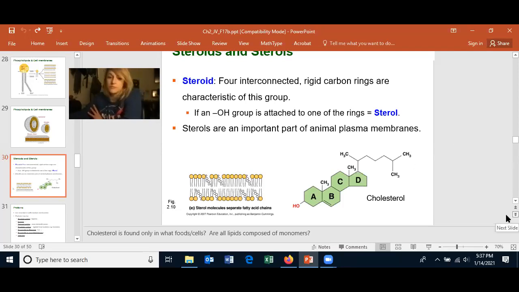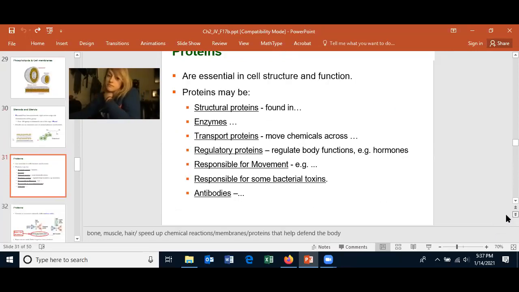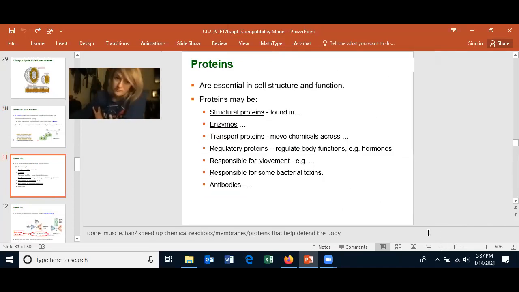All right, any question about monomers? If not, let's go on to the next of the biological molecules, the proteins. Proteins are essential in the cell structure and the functioning of a cell. So we have proteins that make up the structure of the cell, like you can find proteins in the cell membrane and in other places for structure.